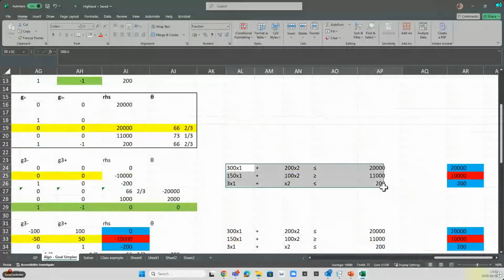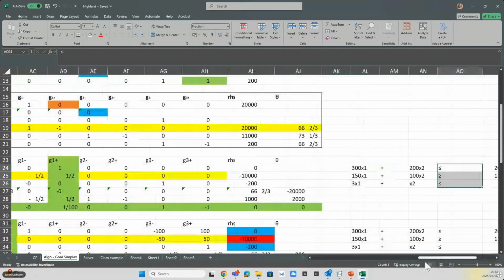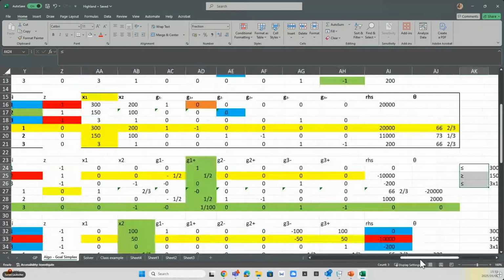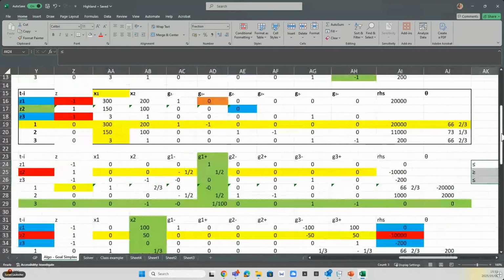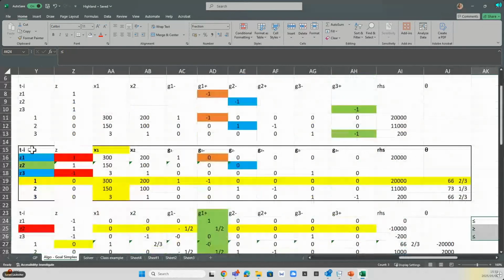You'll see I copied the whole constraint to show you properly, because that's technically what you are checking. You're substituting x1 in and x2 in, but thank goodness we don't have to do that, right? So the signs are there. Okay, so that's initial, and this is table 2.